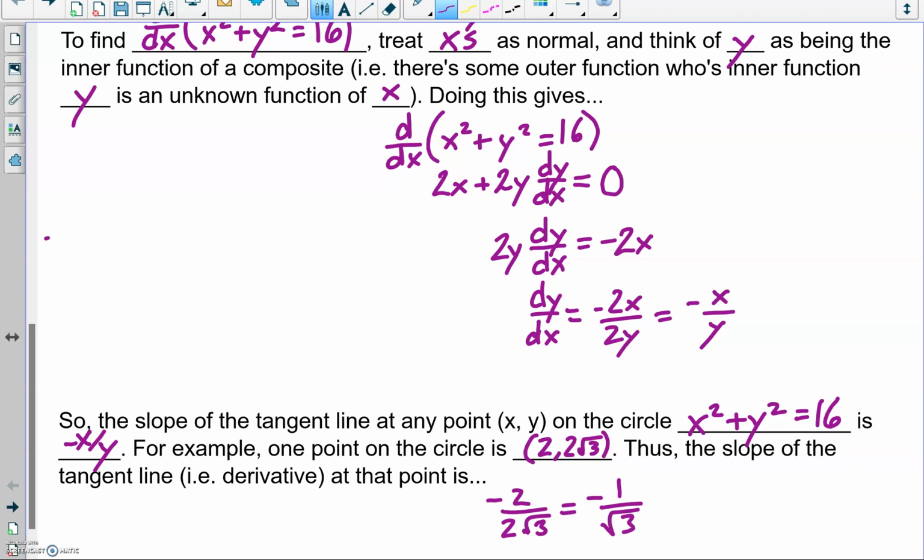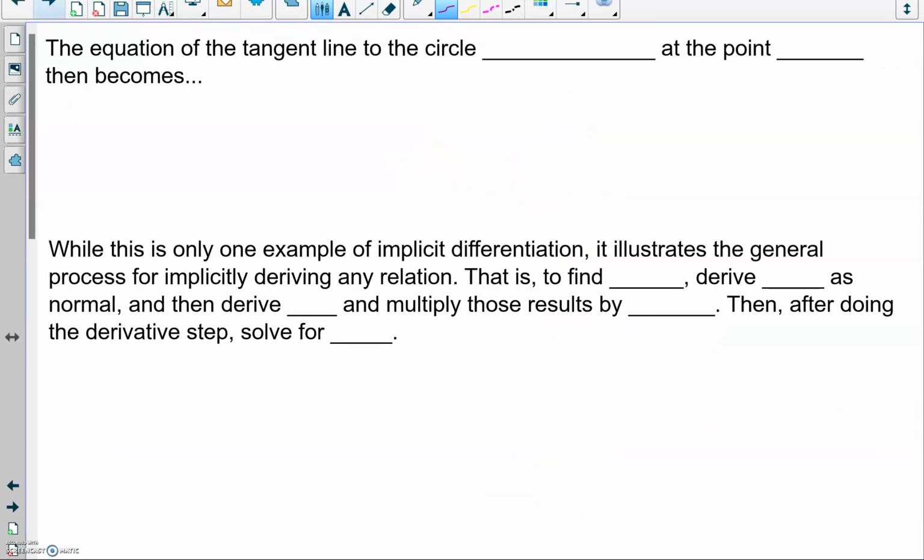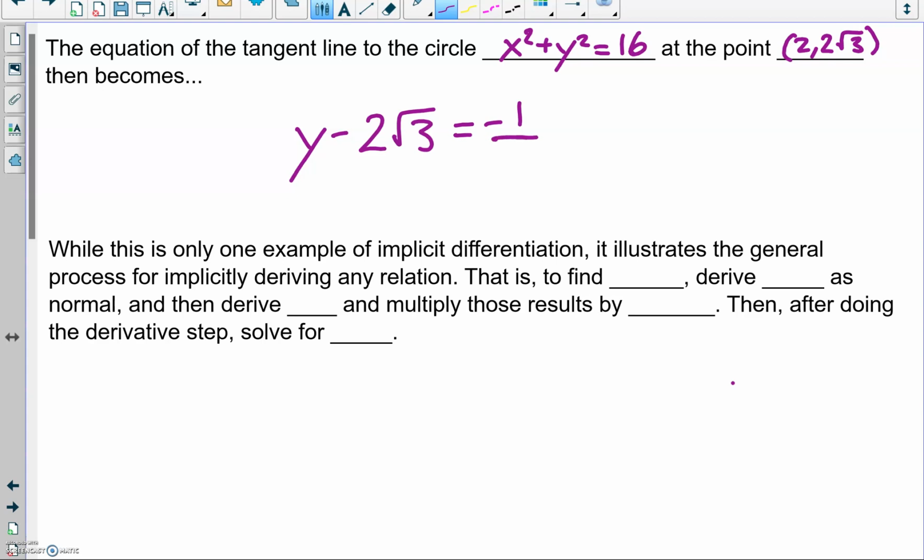And just to take it further so we can illustrate that this actually does work out, the equation of the tangent line to this circle, x squared plus y squared equals 16, at the point (2, 2 root 3), using the point slope form, would become y minus 2 root 3 equals negative 1 over root 3 times this quantity x minus 2.